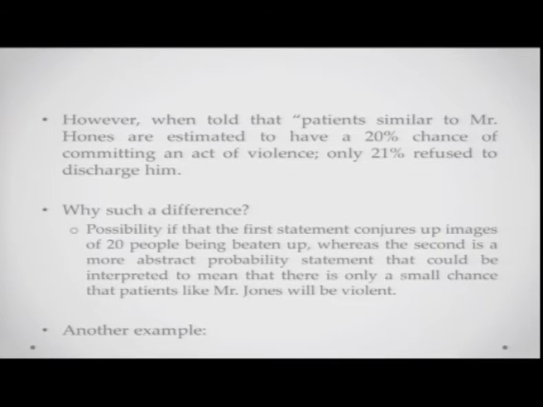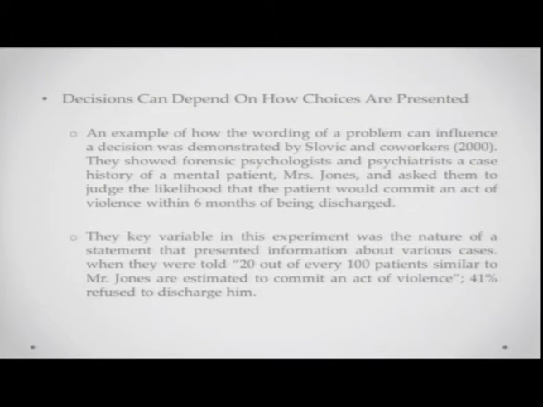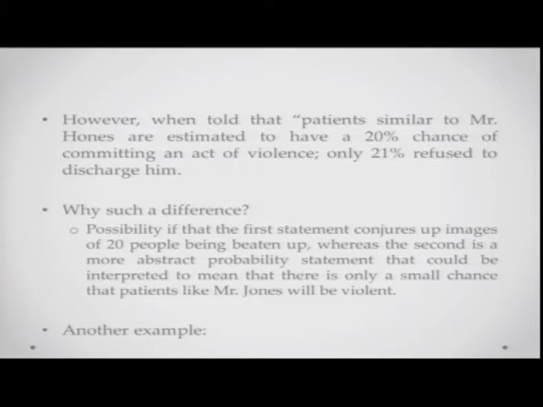So, you can look at this again. The first statement is 20 out of every 100 patients similar to Mrs. Jones are estimated to commit an act of violence, and the other is patients similar to Mrs. Jones are estimated to have a 20% chance of committing an act of violence.